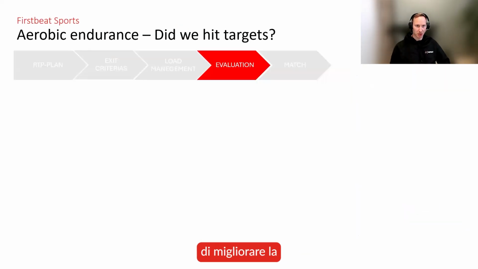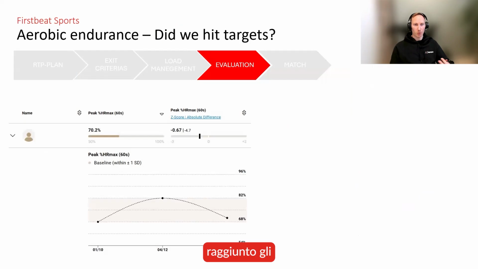What's the next step? Did we hit the targets with our conditioning, with our return to play plan? First, we were looking at aerobic endurance as one exit criterion. And here we have the submaximal fitness test results. They did a test on the 1st of October, on the 4th of December, so straight after the surgery, when the athlete was able to start training again, and then on the 15th of January.